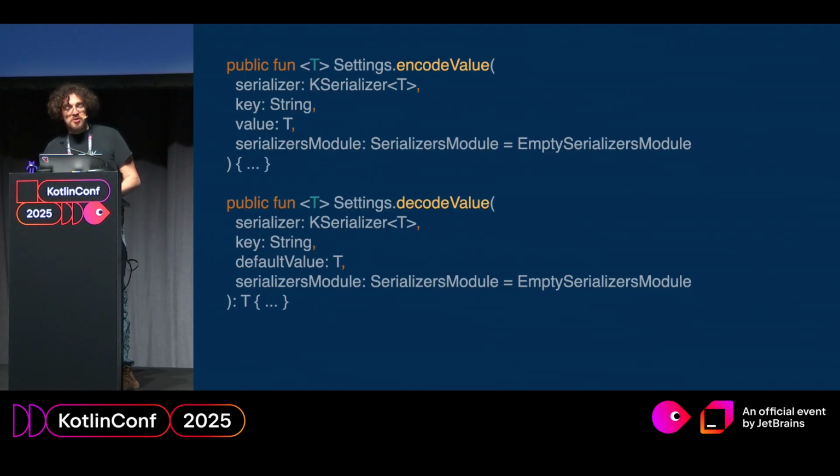In addition to coroutines, I added some integrations with Kotlin serialization so that you could serialize more complex types to your settings store. Something that you see sometimes with traditional Android apps is they'll take some complicated object, serialize it to JSON, and save that string as a single key in their settings store.